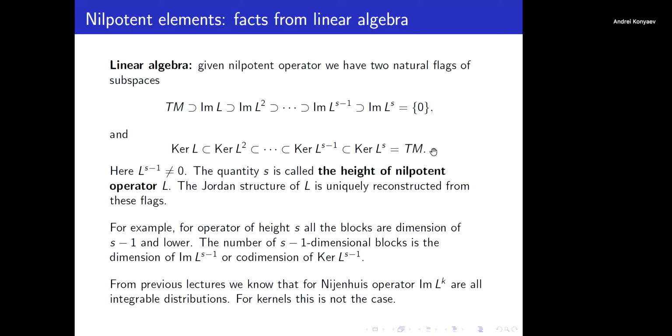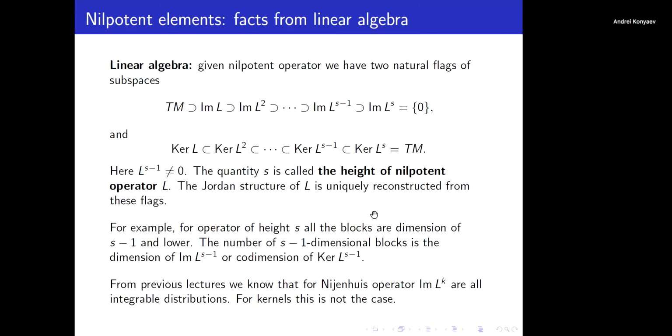For example, imagine that we deal with a kernel, right? And if we look at the Jordan normal form of the operator and we take the powers of it, we'll see that before the vanishing, we'll have almost all zeros, right? The only non-zeros will be the vectors which are about to become 0.